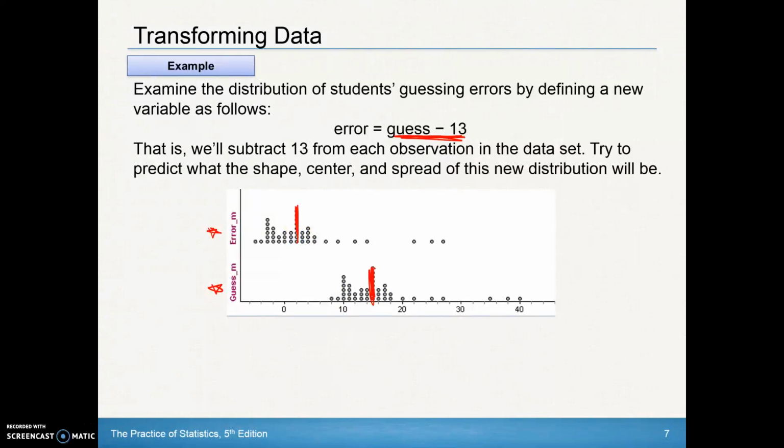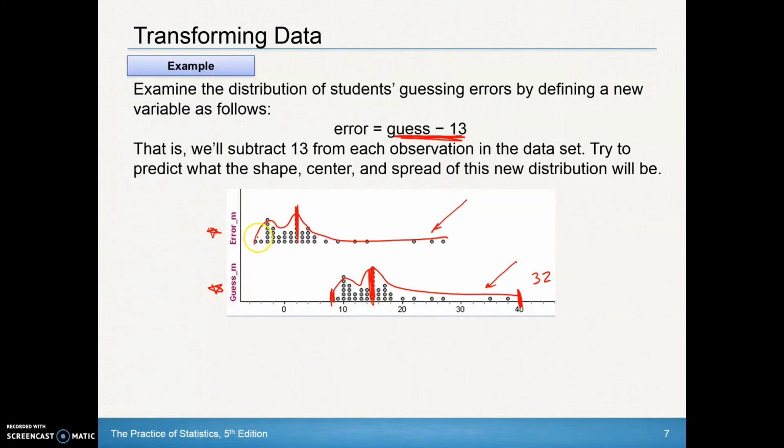What we also notice is that the shape of this distribution has not changed at all. It's still skewed to the right. And if we were to do some measurements of spread, we can see that that doesn't change. You can see that this goes from 8 to 40, so it's got a range of 32.